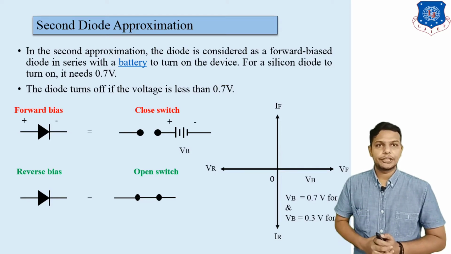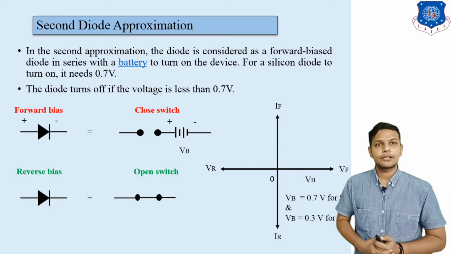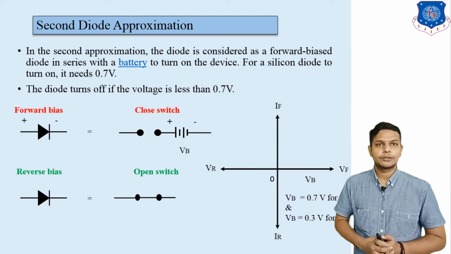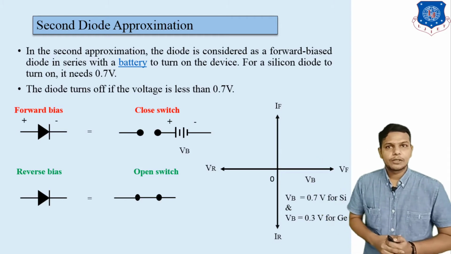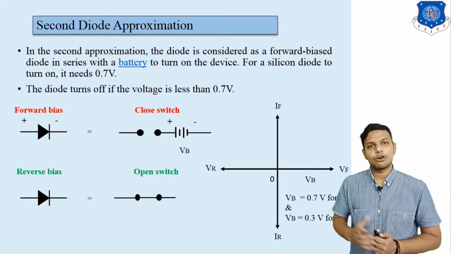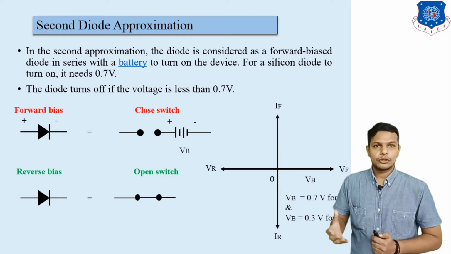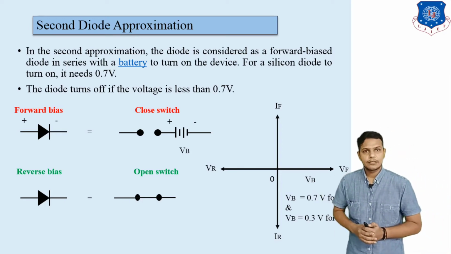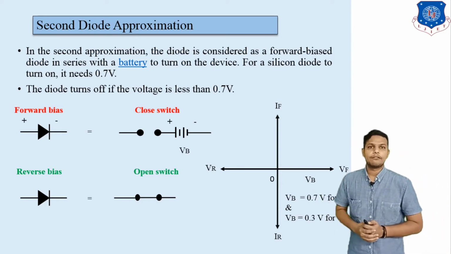If we consider germanium, the diode needs 0.3 volts. The diode turns off if the voltage is less than 0.7 for silicon. Here we can see case number 1 for forward bias and case number 2 for reverse bias.